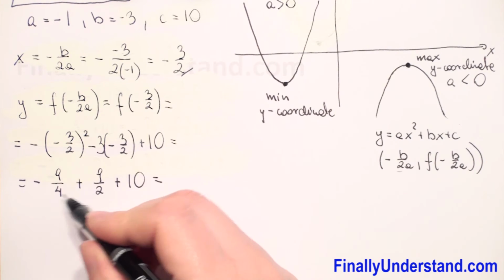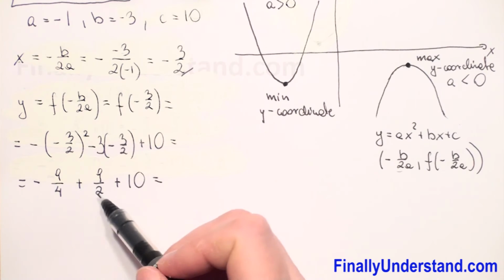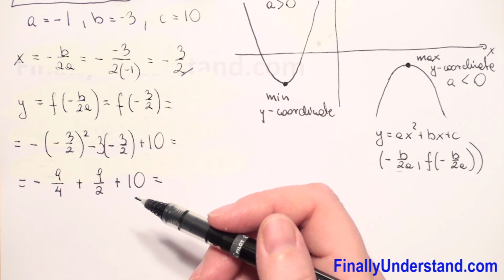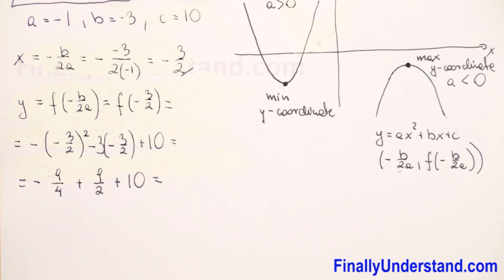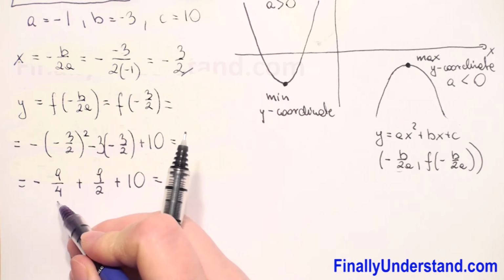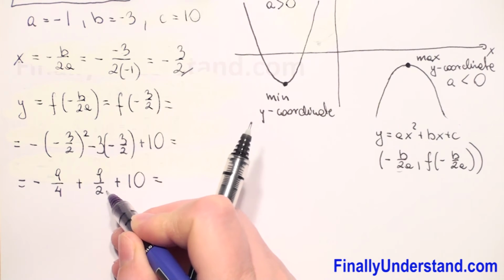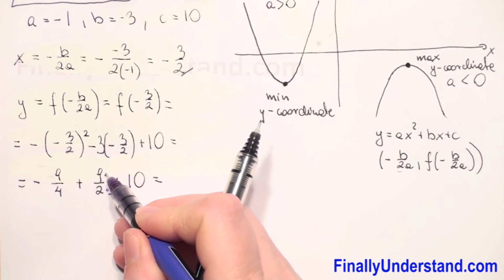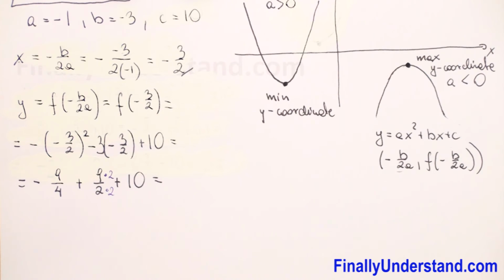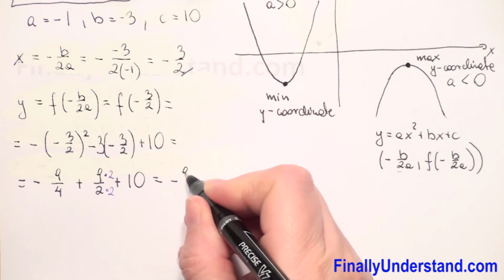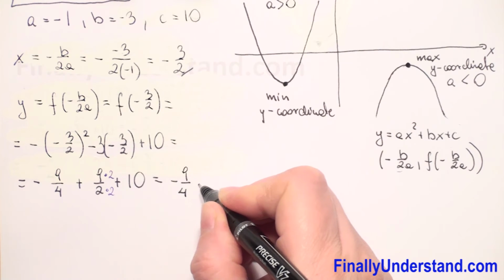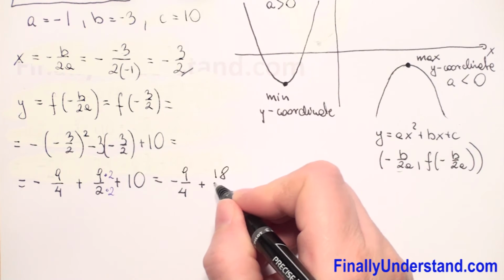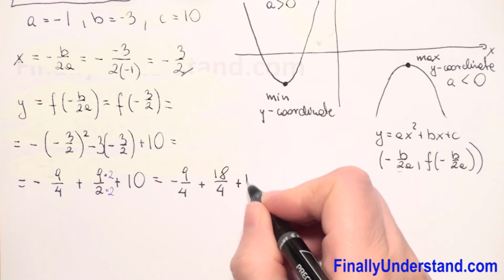We have fractions. To add these two fractions, we need to have the same denominator. We have 2 and 4, so the common denominator will be 4. 2 I need to multiply times 2 to get 4, so the same I have to do with the numerator. So we have negative 9 over 4 plus 18 over 4 plus 10, of course.